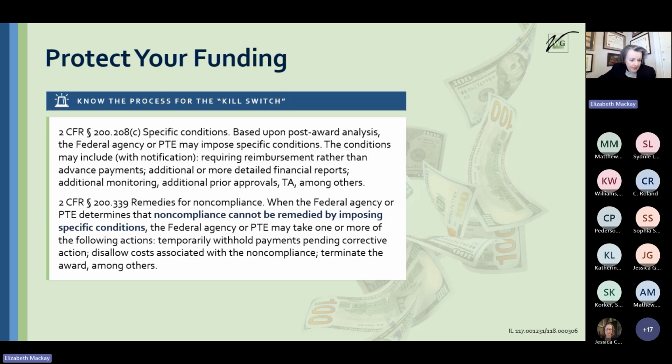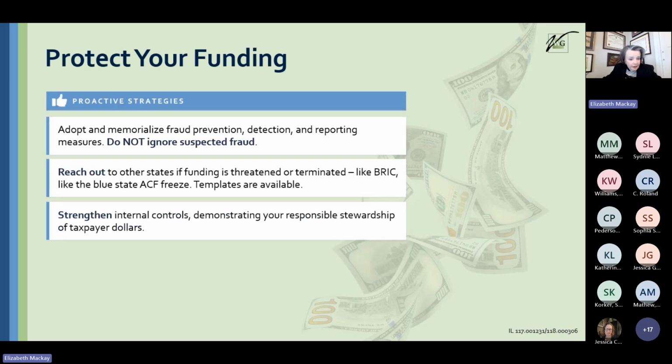If it cannot be remedied, then the federal agency or pass-through entity can temporarily withhold payments, pending completion of a corrective action. They can disallow costs associated with noncompliance. They can terminate the award. But again, this is after warning to the recipient.